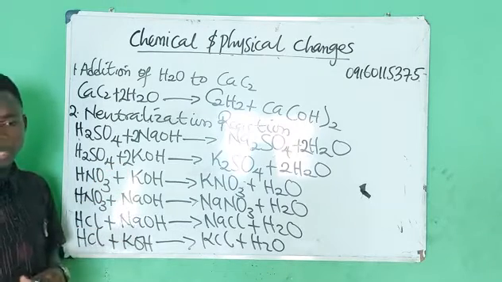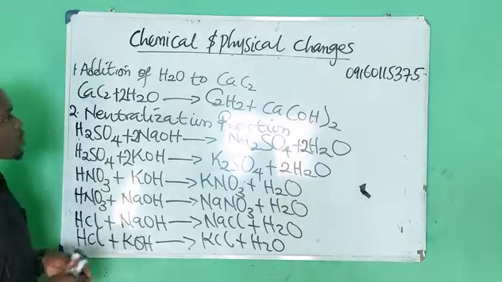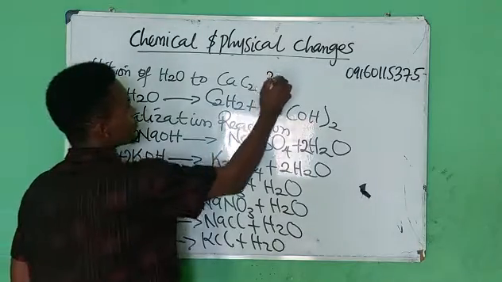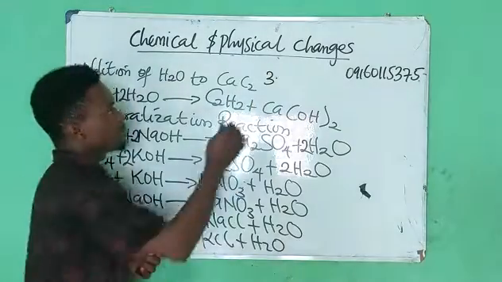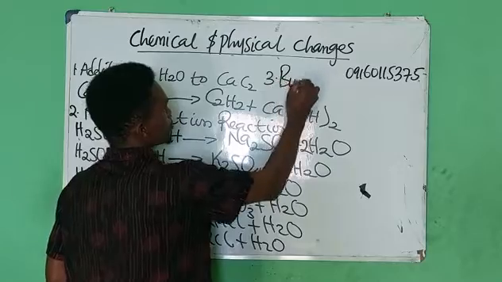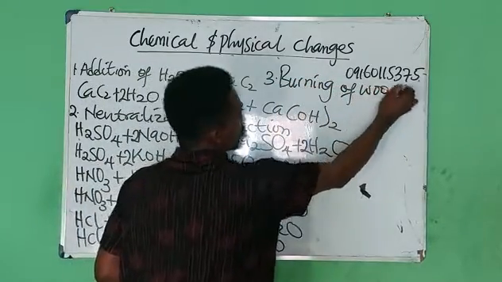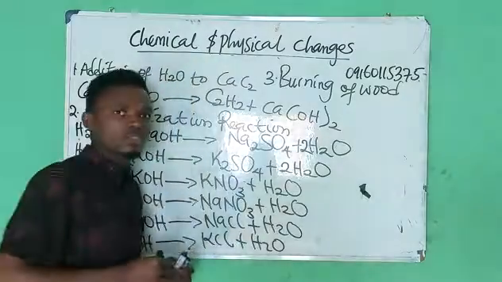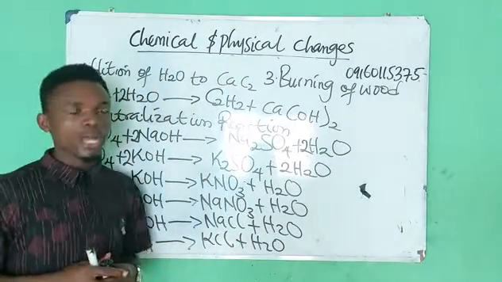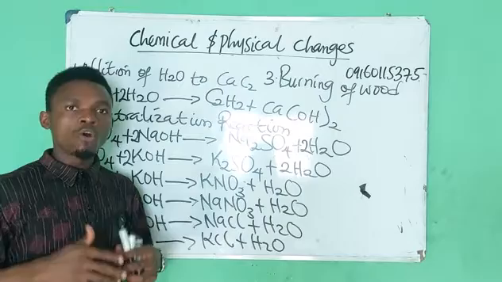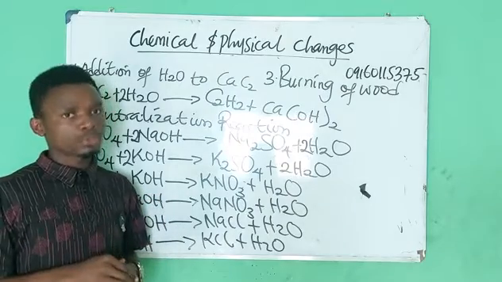It is very, very important. Number 3, an example of chemical change is the burning of wood. When wood is burned, ashes or charcoal are produced.